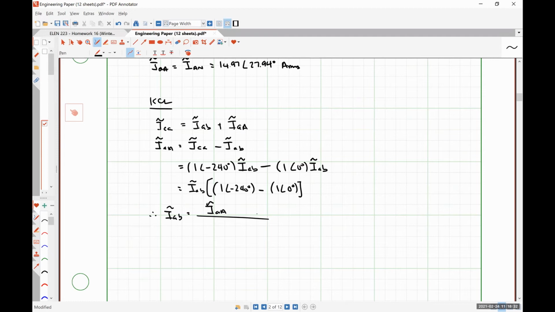I don't know, where's my calculator? Positive 150, okay. One angle minus 240 minus 1. Yeah. And since we know what our line current is, that's a trivial operation. Then you shift it by negative 120 and then by negative 240, and you're good to go.